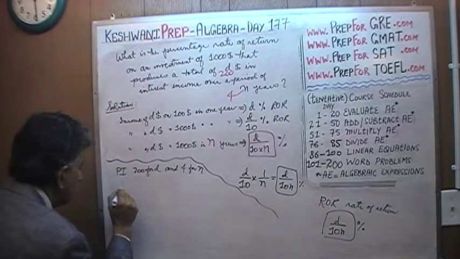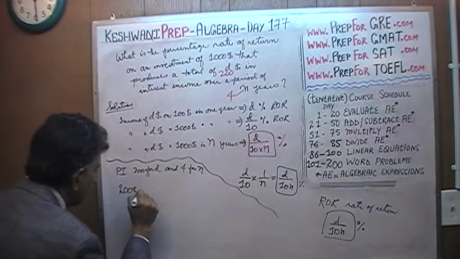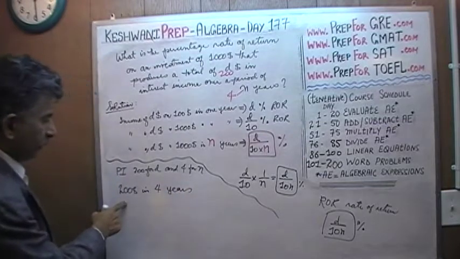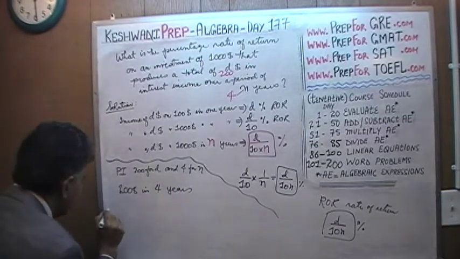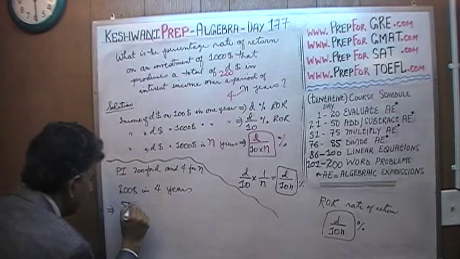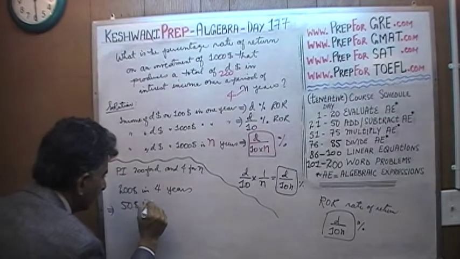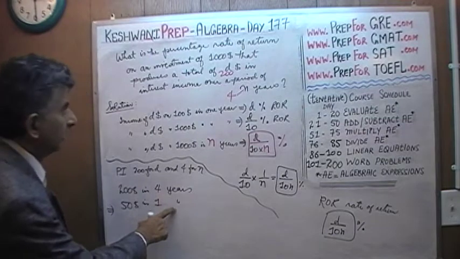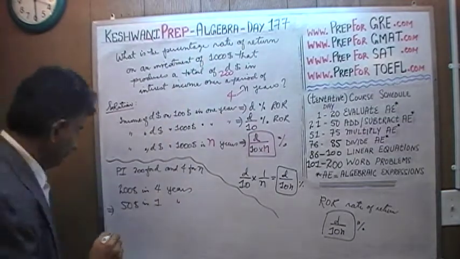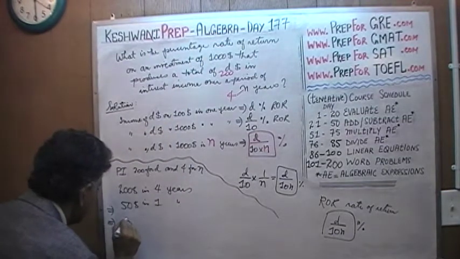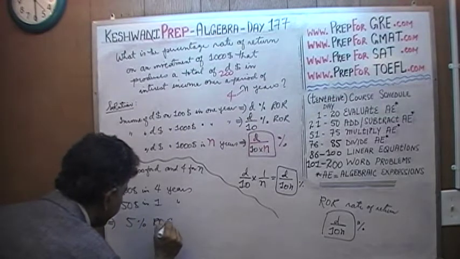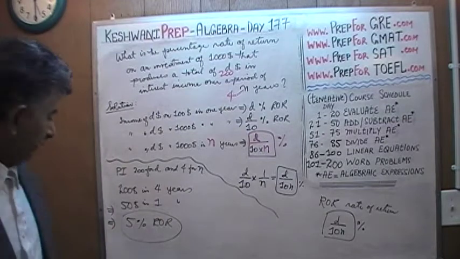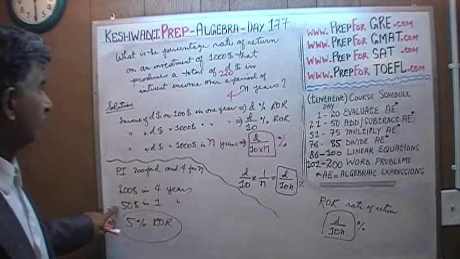So if we are earning $200 in 4 years, that implies that we are earning $50 in 1 year. Well, if you're earning $50 in 1 year on an investment of $1,000, that implies a 5% rate of return. That's all, we're done. The answer is 5% rate of return. Because 50 is 5% of 1,000.